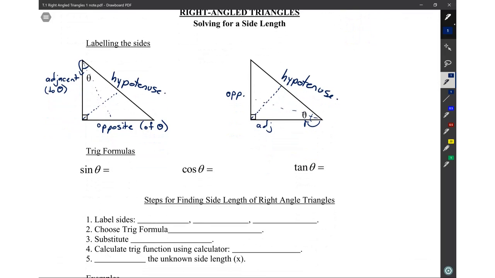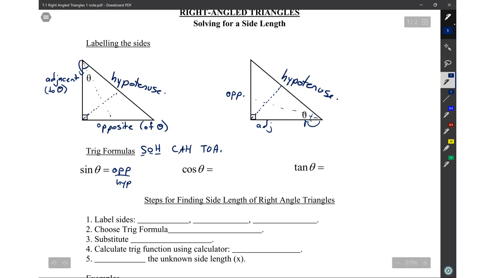Now, there are three trig formulas that we're going to be working with. You can remember them by the common trigonometry phrase, SOH CAH TOA. That means that the sine theta formula equals opposite side divided by the hypotenuse.